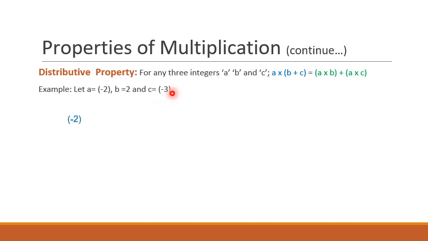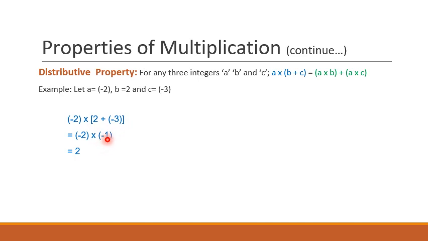So first take the left hand side, a multiplied by b plus c. So here a is -2 multiplied to the sum of 2 and minus 3. First let's solve the bracket, 2 plus minus 3. The numbers have opposite signs, so we subtract 3 minus 2.